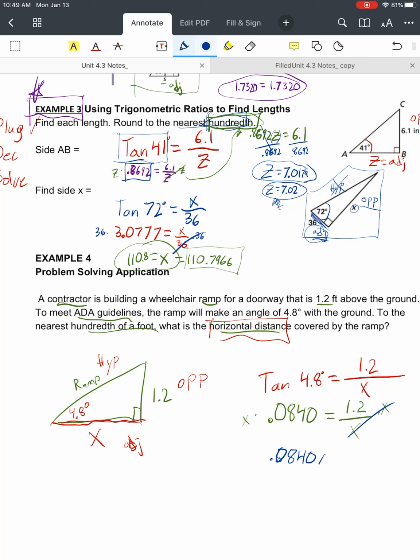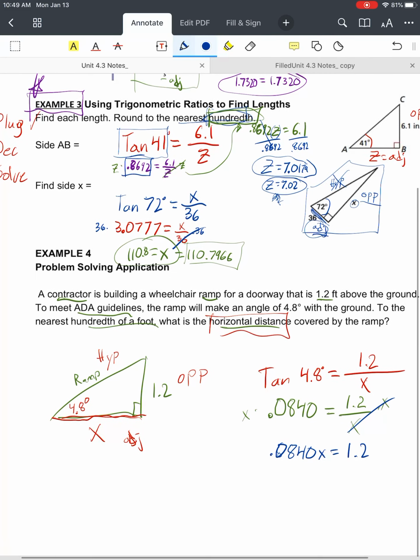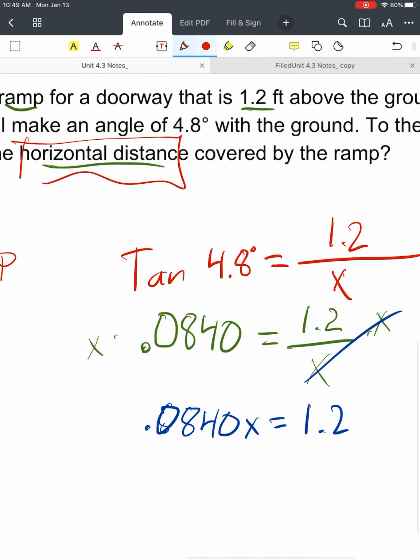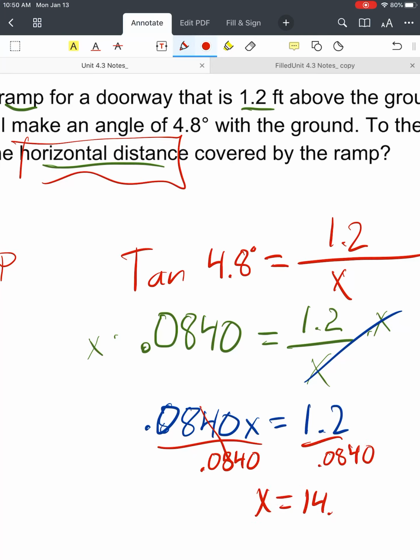If you do figure that shortcut out, please keep it to yourself for right now. It will be much more memorable, and it'll make life a lot easier if people figure it out on their own. Last thing, I'm going to divide to get our x by itself. And our x equals 14.29 feet. We want to go 2 decimal places.